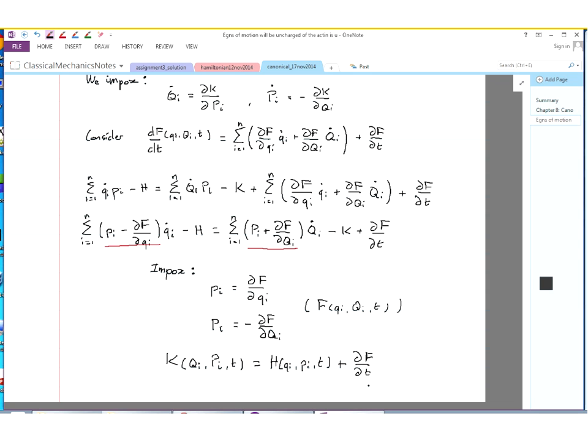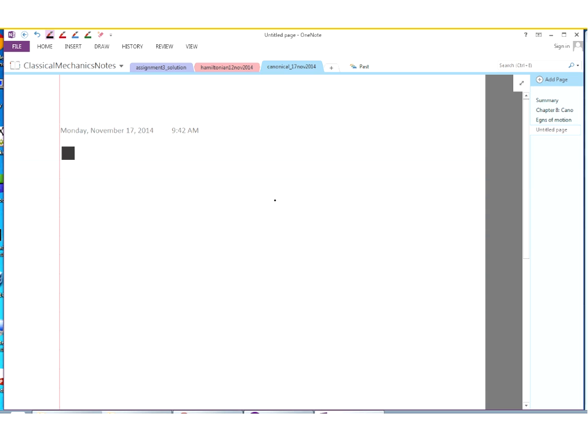Then given that function f, you can re-express the Hamiltonian K in terms of the big Q's and the big P's, plus this ∂f/∂t. So that gives you a prescription: given a generating function f, which is not trivial to figure out, you now have a procedure that will give you a canonical transformation. Okay?